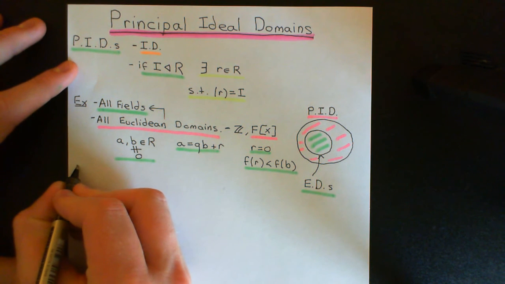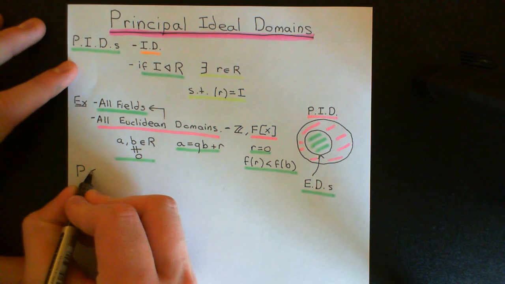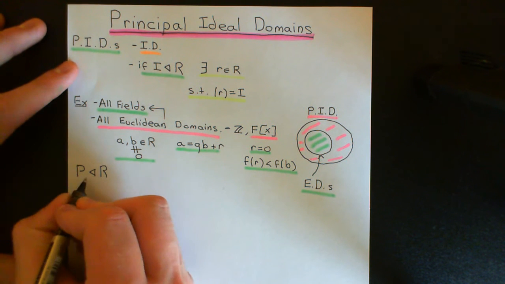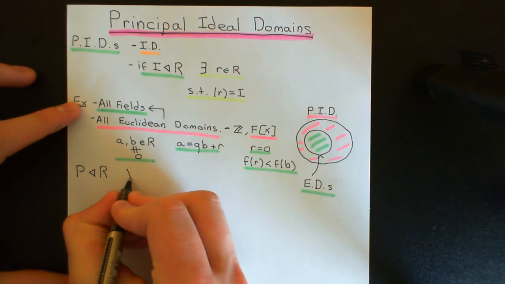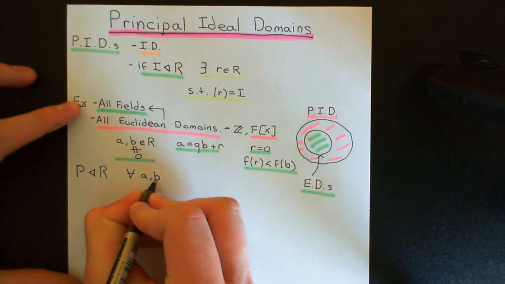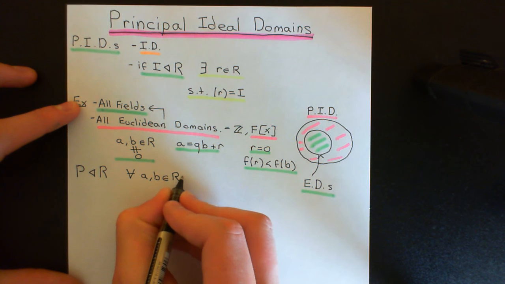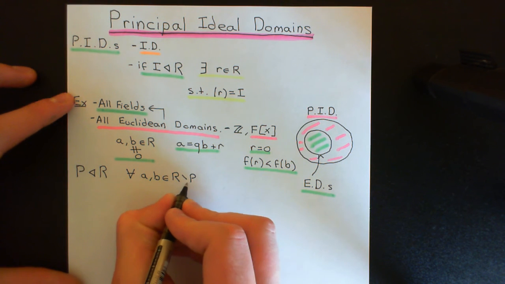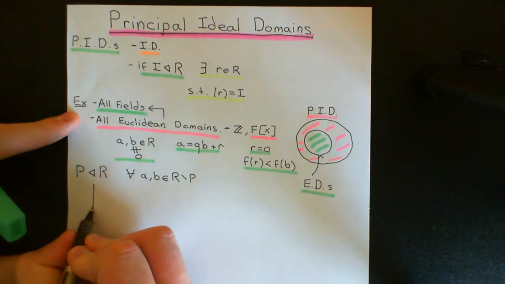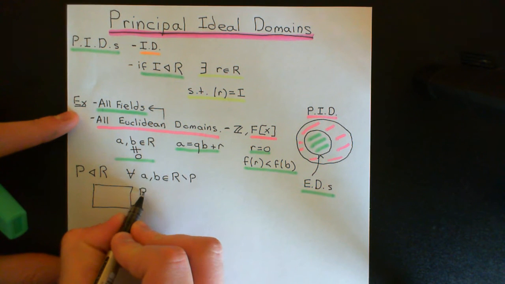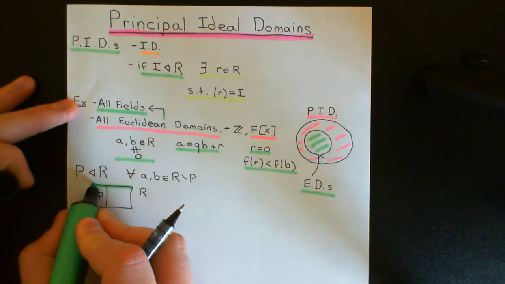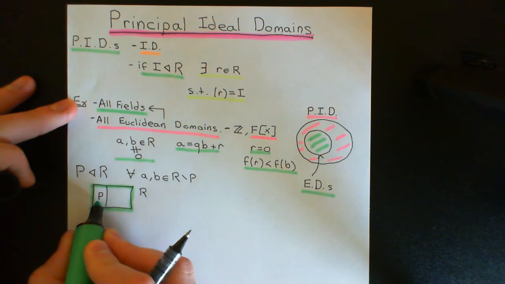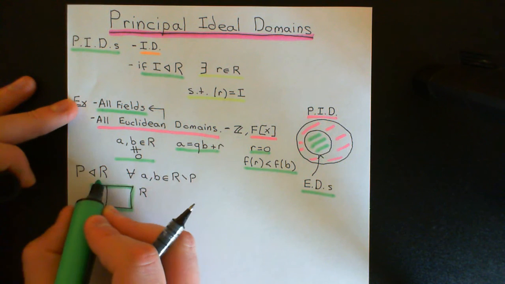Remember, a prime ideal, which we'll call capital P, of a commutative ring capital R, is a special ideal because it has the property that for all A and B that you can possibly pick from outside the prime ideal, so from R subtract P, drawing a picture here, if this is our entire commutative ring capital R, and here is our prime ideal capital P, I am now saying you pick me some A and B from the portion of the ring that is outside of the prime ideal.